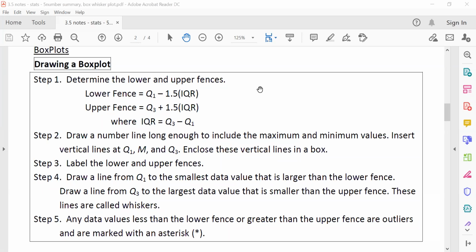Procedure for finding outliers. If you feel so inclined, I'll give you a minute or two to write it out. It's interesting. Not incredibly interesting, but it is something.